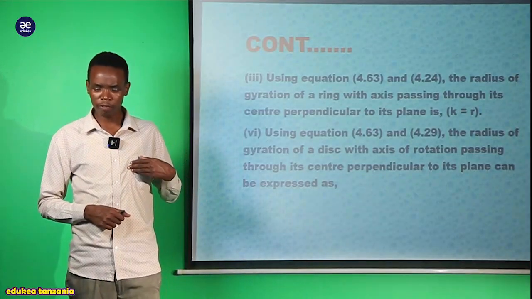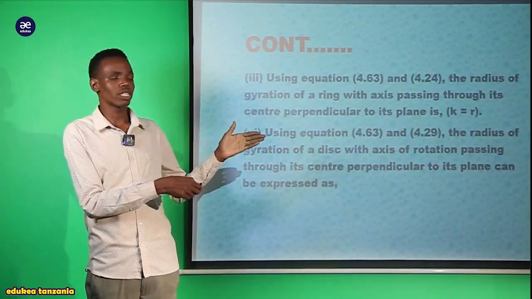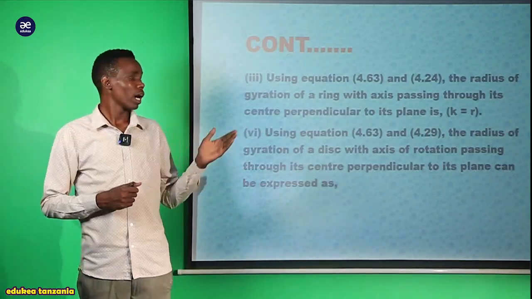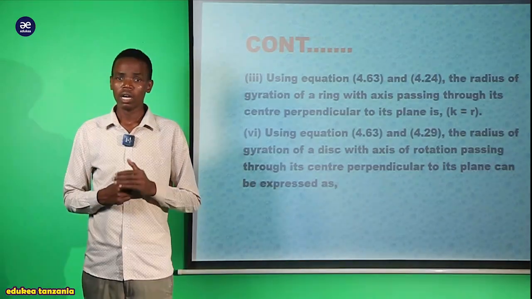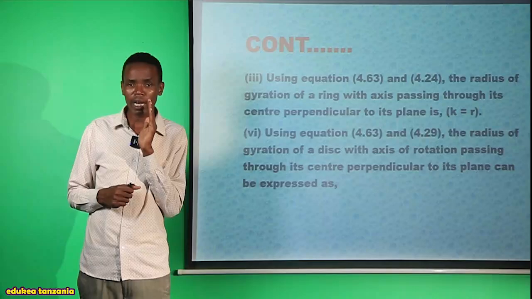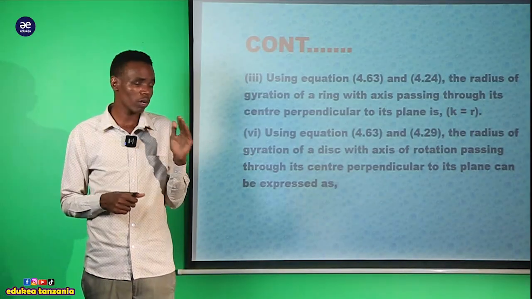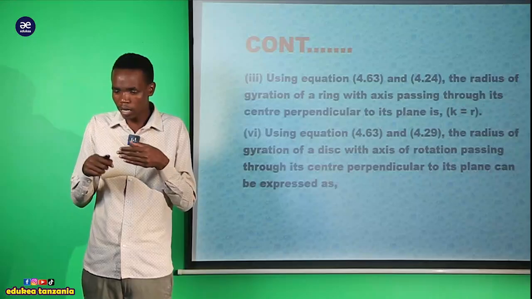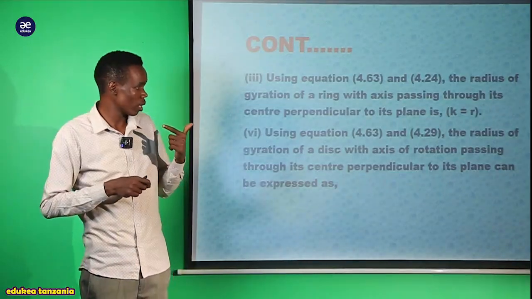What we are going to do here is consider the two equations, equation number 20 and also equation number 53. The radius of gyration must be equal to the radius of the ring.